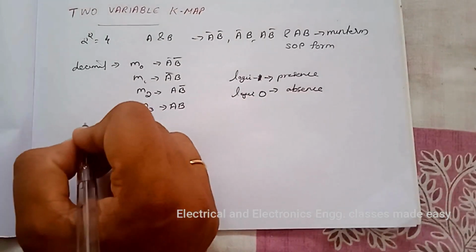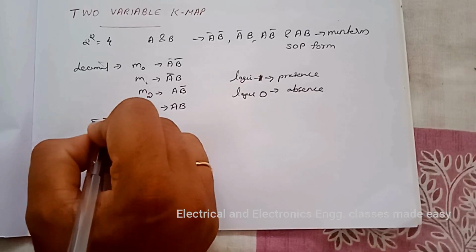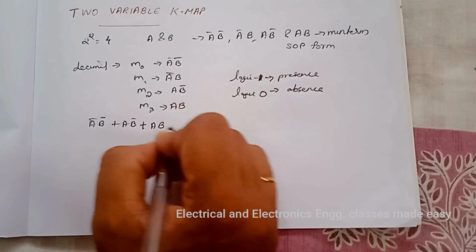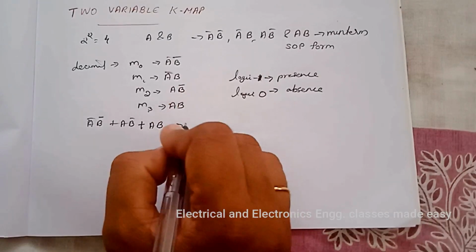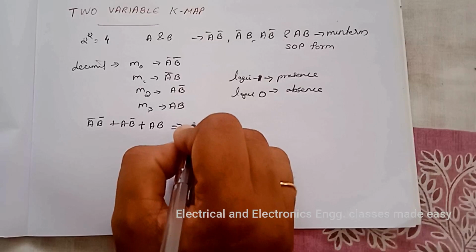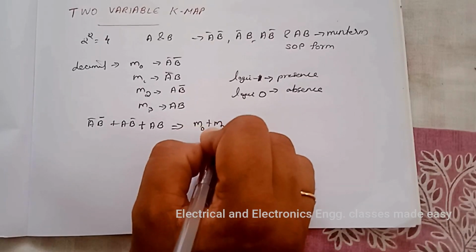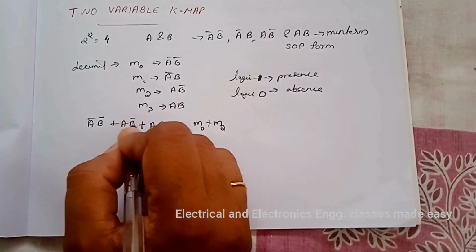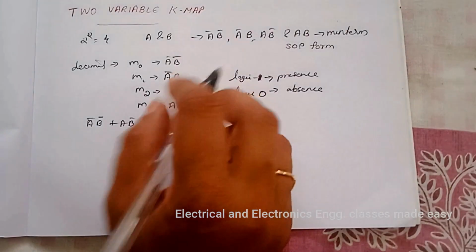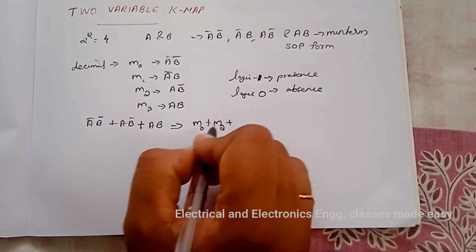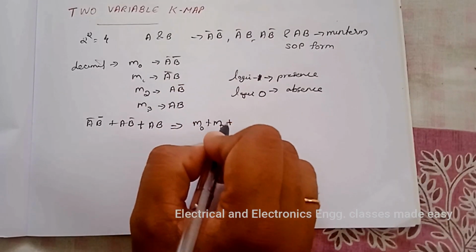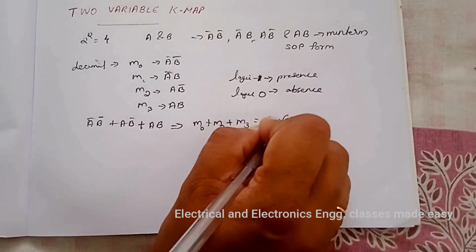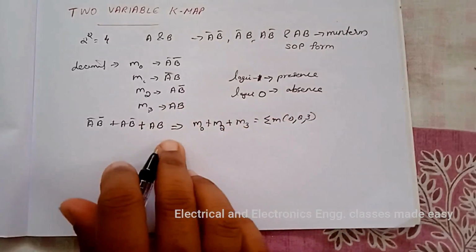For example, if we have the expression A bar B bar plus A B bar plus AB, then the minterm can be expressed as M0 plus M2, that is, this is 0 0 and this is 1 0, this is 1 1. So the minterm will be M0 plus M2 plus M3, that is sigma M 0 2 3.